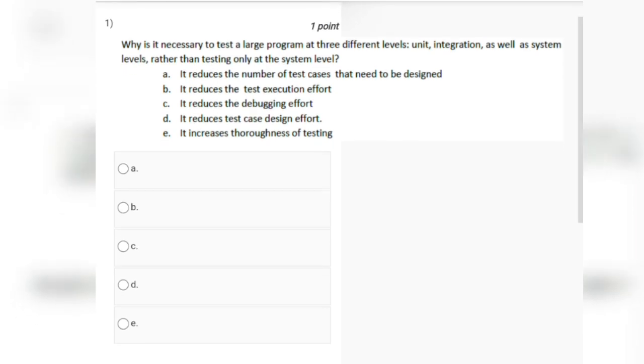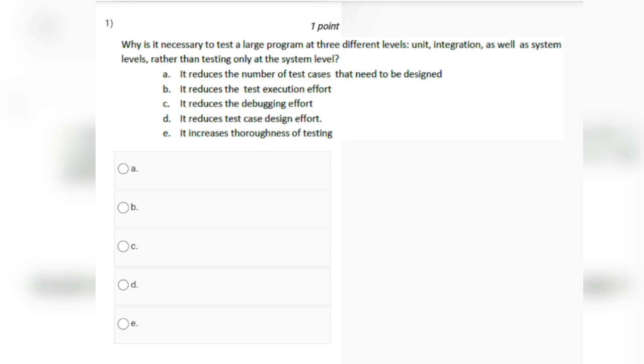So question number 1 is why is it necessary to test a large program at three different levels, that is unit, integration as well as system levels, rather than testing only at the system level. So options are: option A is it reduces the number of test cases that need to be designed. Option B is it reduces the test execution effort.